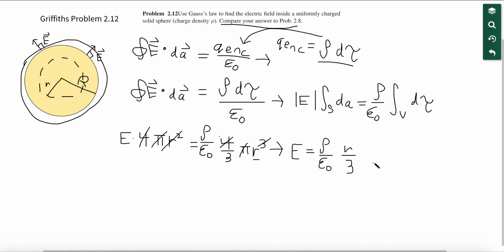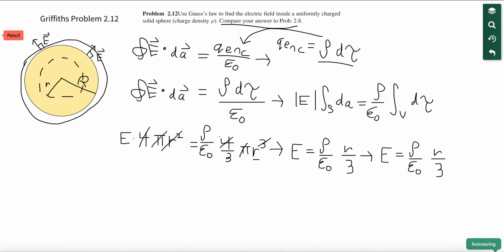We just need one more thing, which is the fact that the electric field is a vector and not a magnitude. And although we use the argument that we can treat it as a magnitude, at the end of the day, when you want your answer, you want it as a vector. So this is going to lead us to the following. We have to figure out in what direction the electric field is pointing.